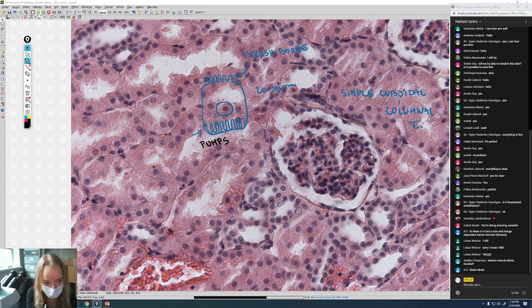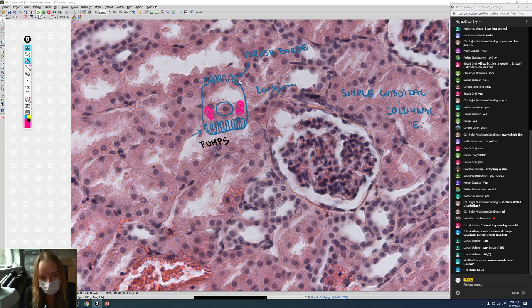Pump it. Okay. But you know that the ion pumps need energy, and this energy is made, like the mitochondria make energy. So these cells of the proximal tubule need mitochondria, and a lot of them.